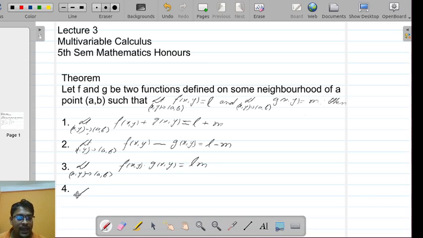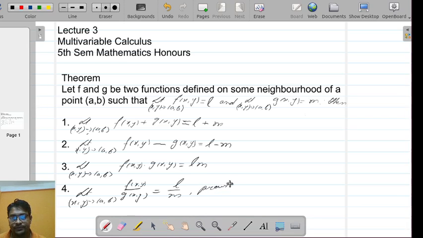And the last one, about the quotient: the limit as (x, y) tends to (a, b) of f(x, y) by g(x, y) will be equal to L divided by M, but there are certain conditions.